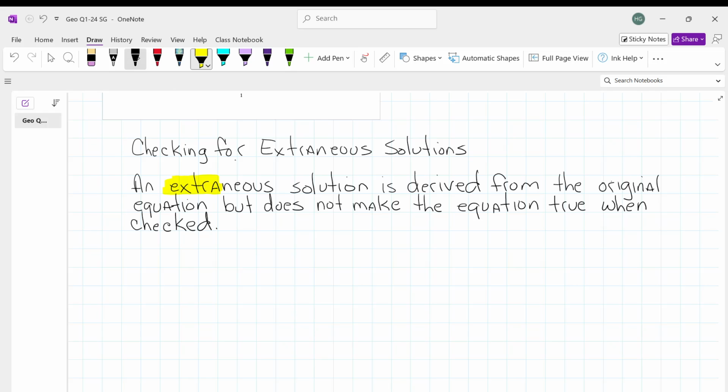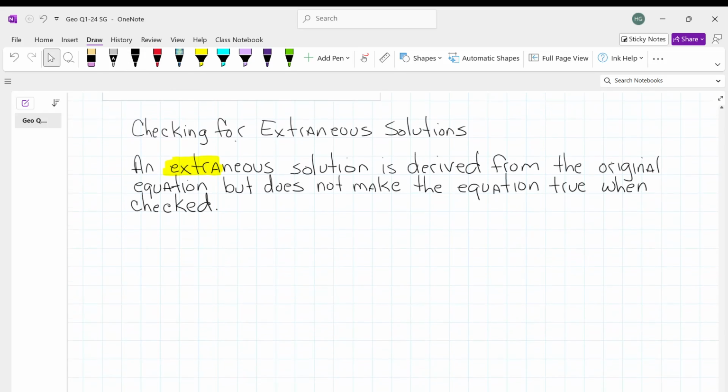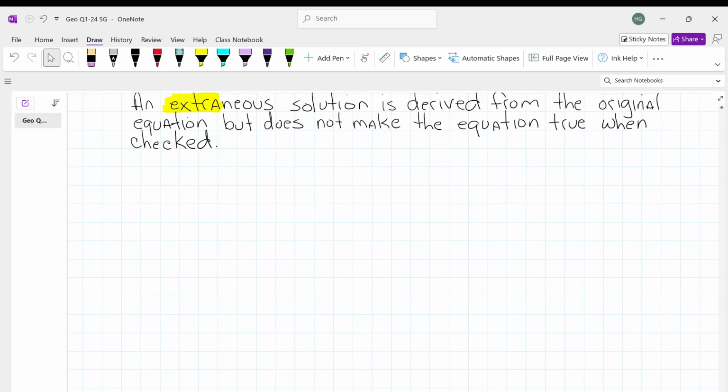So we're going to do a couple of examples here where we solve the absolute value equation the way that we're supposed to. We've got the absolute value of 3x plus 2 equal to 4x plus 5.